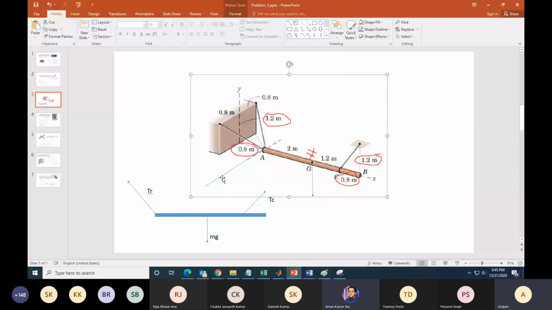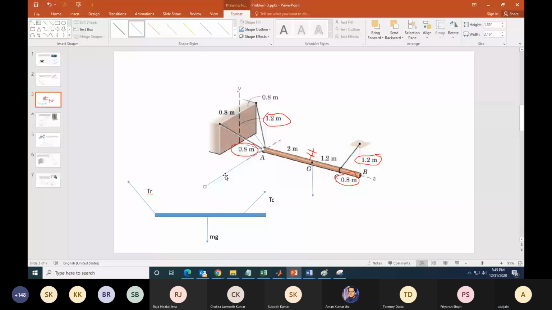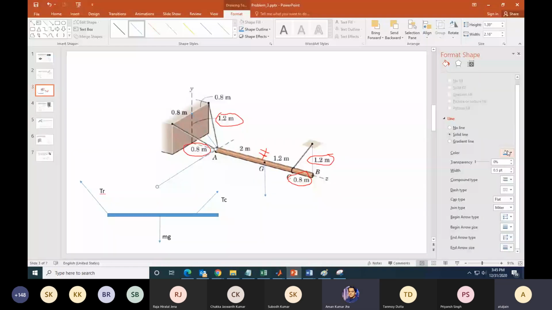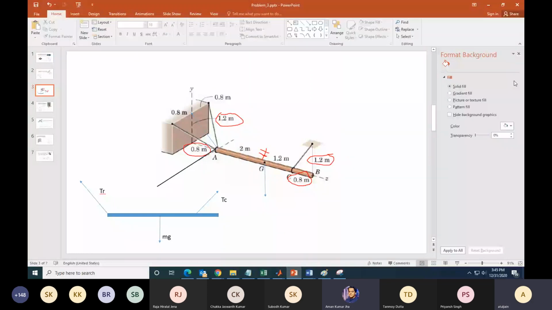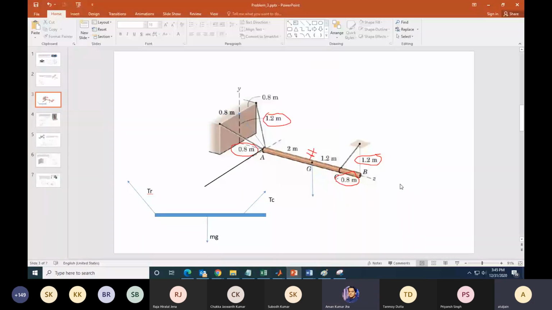That's why they are not in equilibrium. Yes. But these three forces are in one plane, that is YZ. But three forces in one plane need not be concurrent. For equilibrium, three forces should be concurrent, but it is not happening, so it is not in equilibrium.